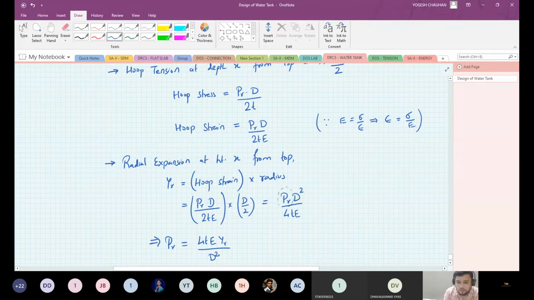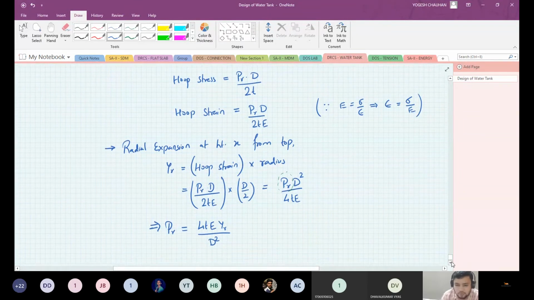Now from compatibility, the expansion due to radial pressure should equal the deflection due to cantilever action.